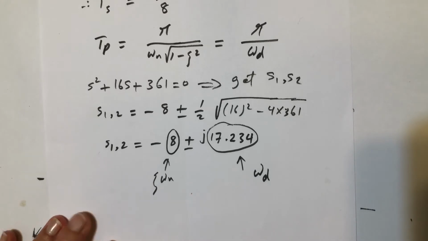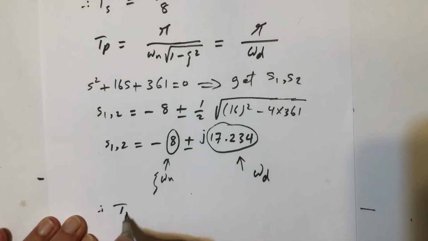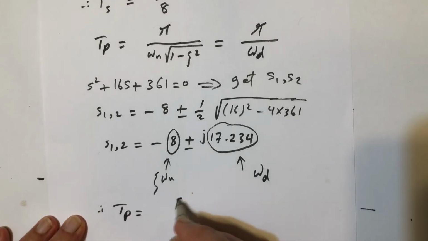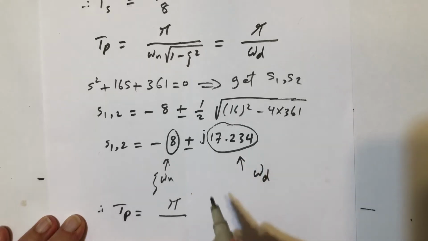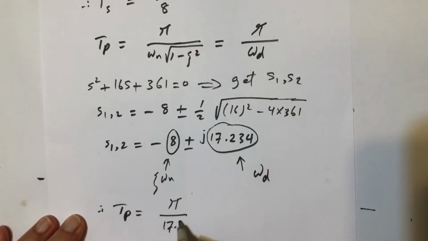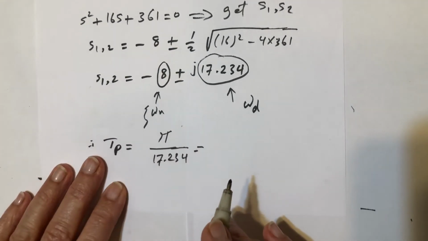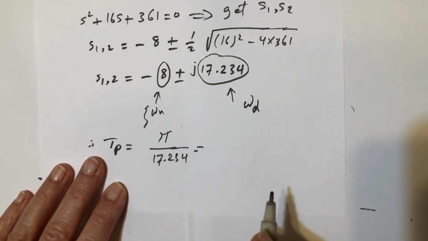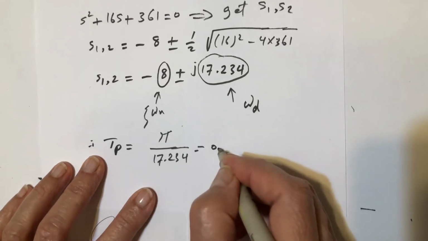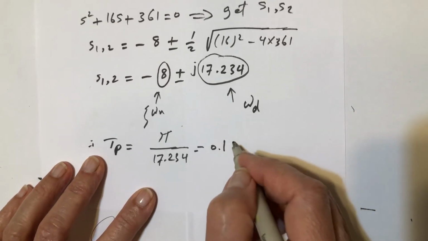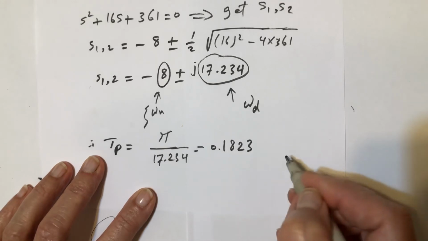So I worked like that. Therefore Tp equals pi over omega d, which I already found, 17.234, and it's equal to, I hope you can see, 0.1823 second.